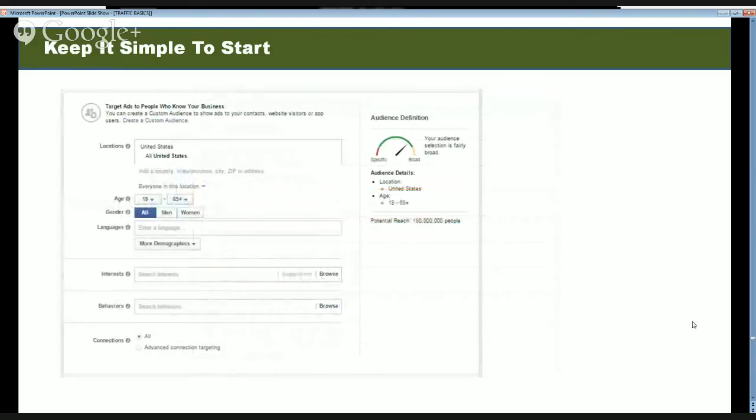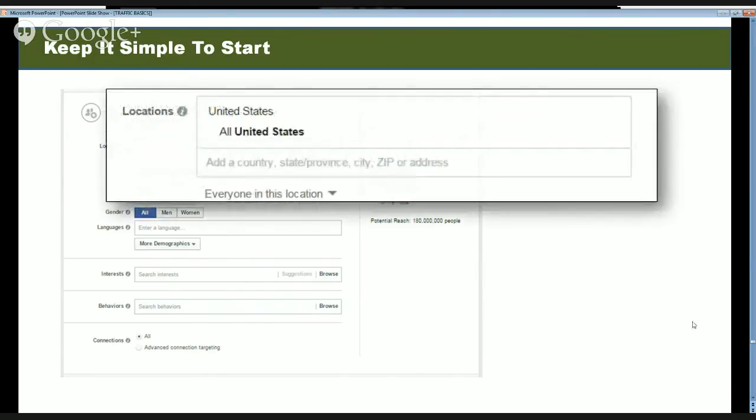Now, the next thing that you're going to get is a screen that looks really simple. There are a few choices here about how to set up your target audience, but I want to emphasize this is amazingly sophisticated, and you can do so much here. I'm just going to give you an idea. The first thing is to decide where you want to focus your advertising.